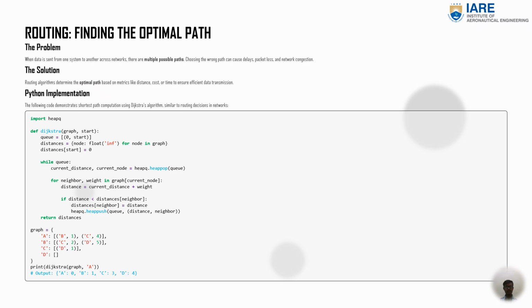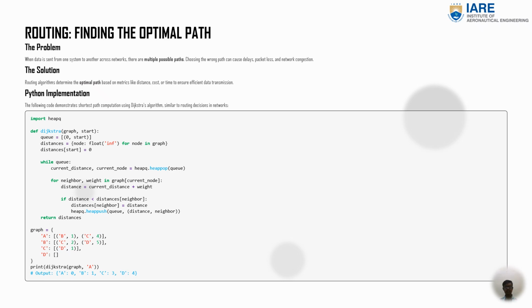Now let's talk about the initialization. q = [(0, start)], a list with a tuple inside that with two elements, 0 and start. The priority queue is initialized with distance 0 and the starting node. Then distances = {node: float('inf') for node in graph}, and distances[start] = 0.